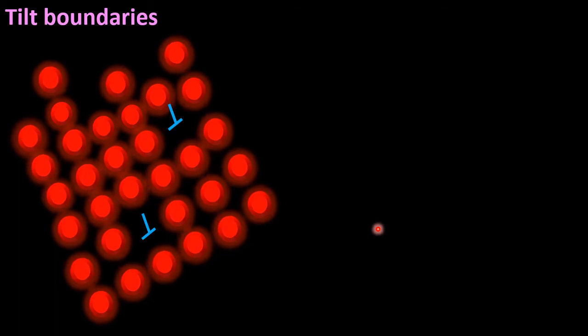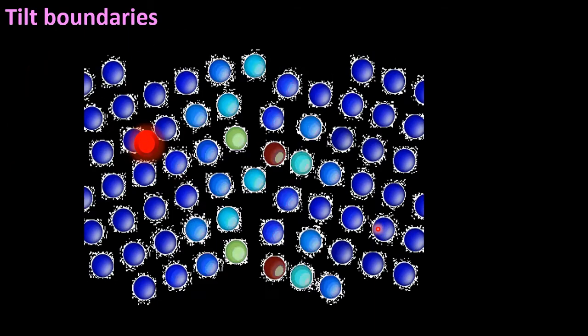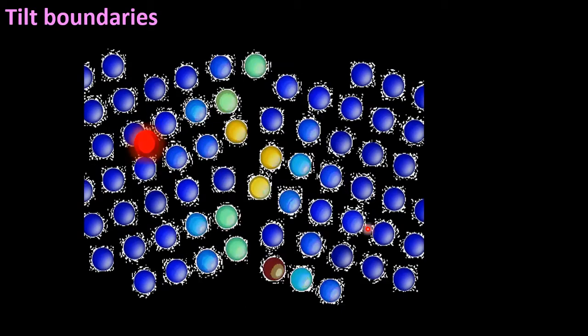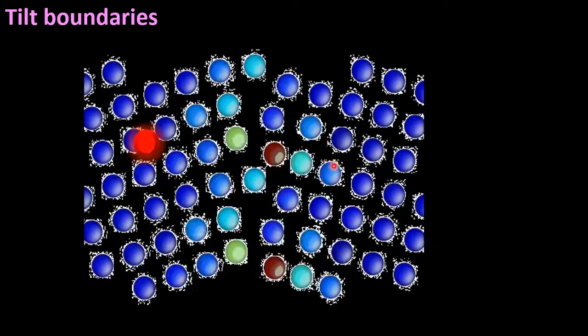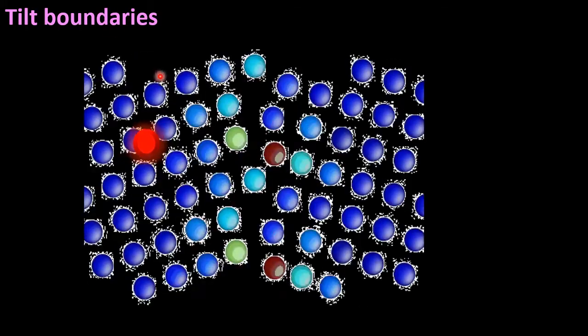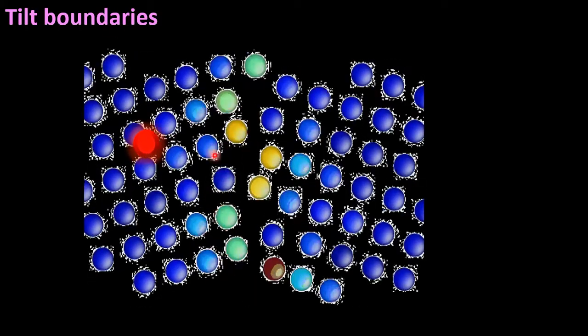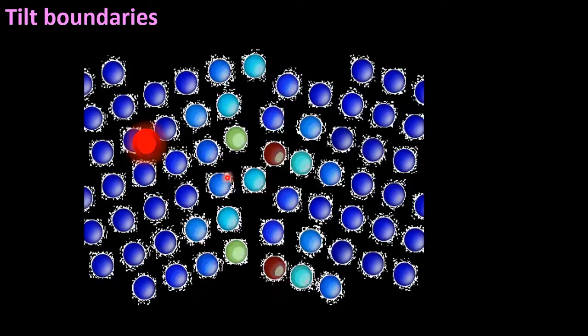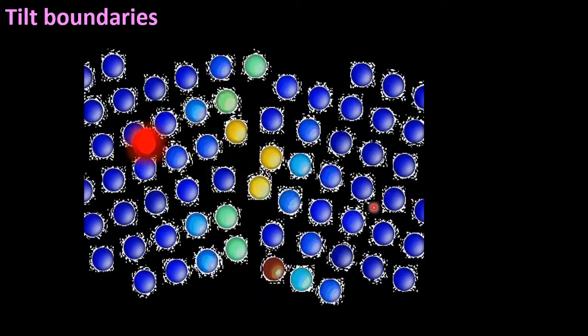So you can see that these tilt boundaries are formed by the slipping of different planes. Because of the slipping of different planes, edge dislocations are formed.